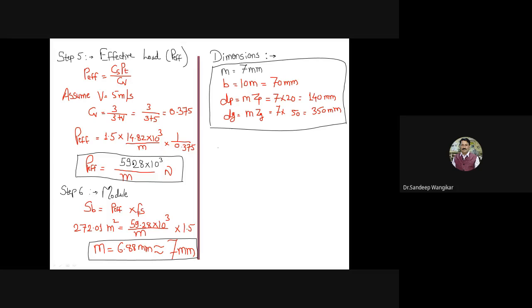So this is the next step you take, or this is the additional one. So I will say check for design. Whatever dimensions we have calculated, we will go for checking. We check. So we are having all the formula, just substituting the values of module here.